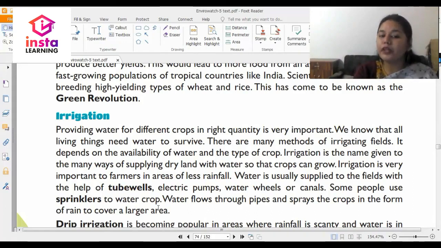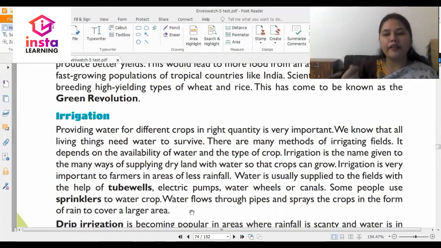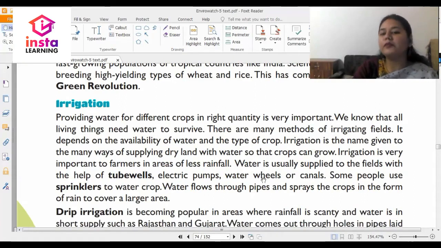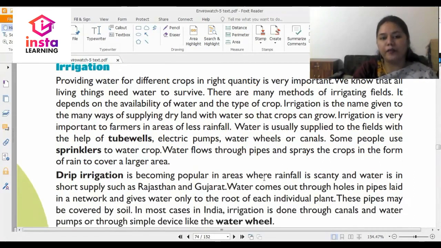Some people use sprinklers to water crops. Sprinklers are placed in the farm at different places, generally made of iron, and they have a few holes in them. The water comes out from those holes. Water flows through pipes and sprays the crop in the form of rain to cover a large area.